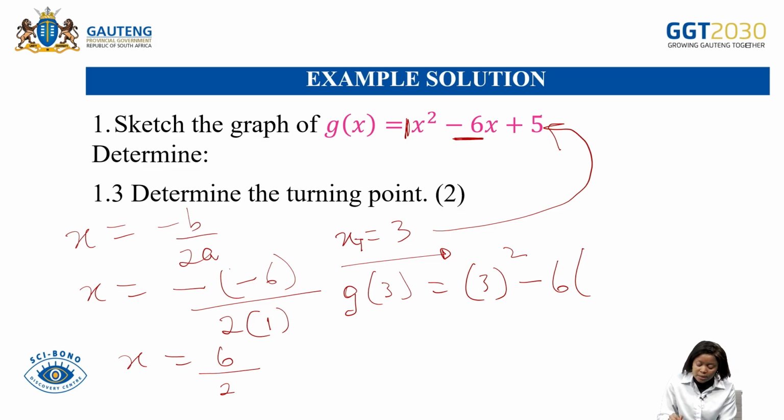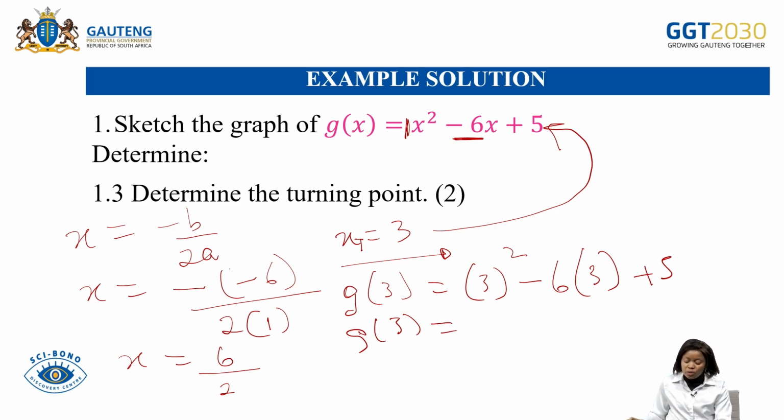Then where there is x again, I substitute the 3 plus the 5. So g at 3 equals to 3 to the exponent 2. It's going to be a 9, and then 6 times the 3 is going to be an 18. So you'll have 9 minus 18 plus 5, which is going to be negative 4. So it means when x is 3, y is going to be negative 4.